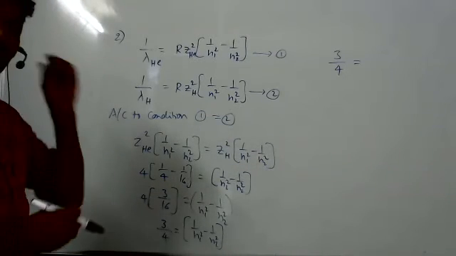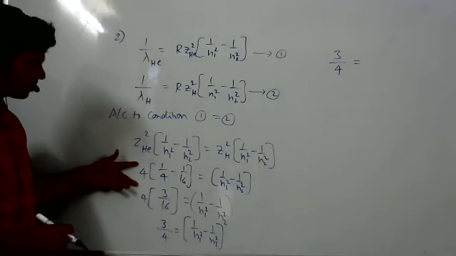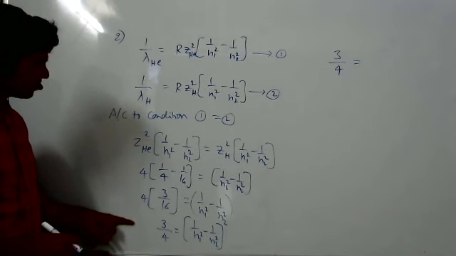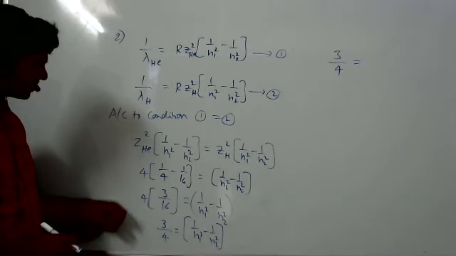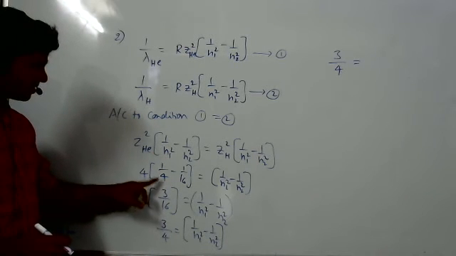Sir, instead, in the second step, after according to the condition, if you open the bracket, we'll get 1 minus 1 by 4, right? And then we can equate it to 1 by N1 square minus 1 by N2 square. Can we do that? How are you saying? The second step, right? Once we open the bracket, you will get 1 minus 1 by 4.